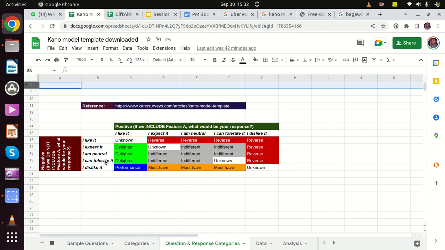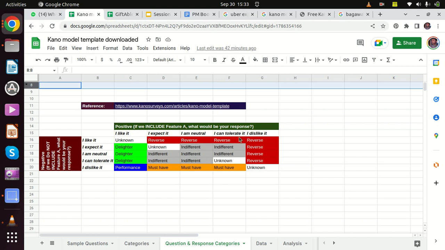Conversely, for the functional question, they say, I'm neutral to it if you include it. If you do not include it, I expect you not to be giving it. That is a strong indication. When you combine these two responses, you have an indifferent feature. Including it or not including it is not going to make much of a difference.